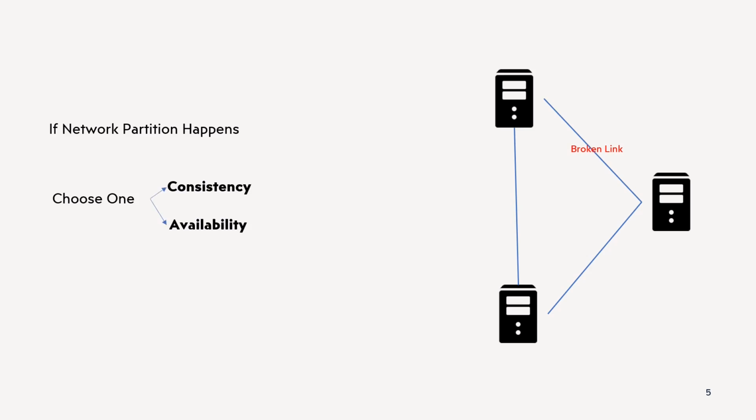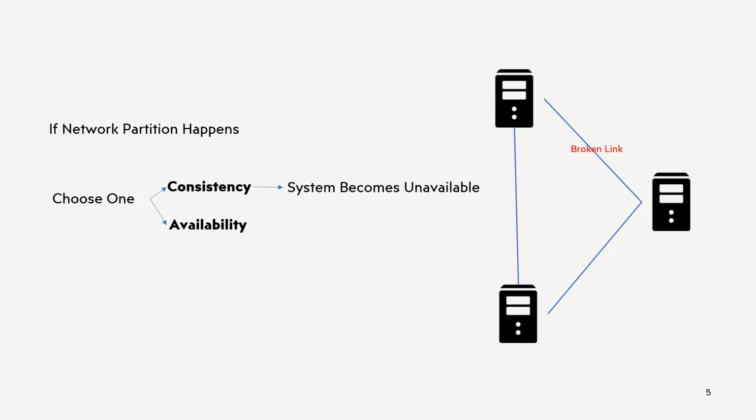If you go with consistency, you have to let go of availability, because if two nodes cannot talk to each other and some data is updated in one node, the second node is unaware. If a query goes for the same data to the second node, it might give the wrong results or wrong data back to the user.